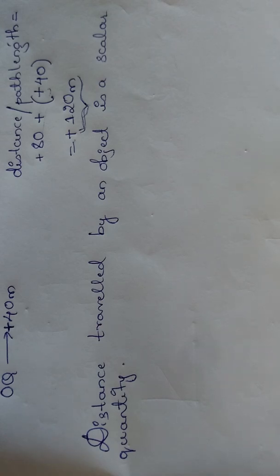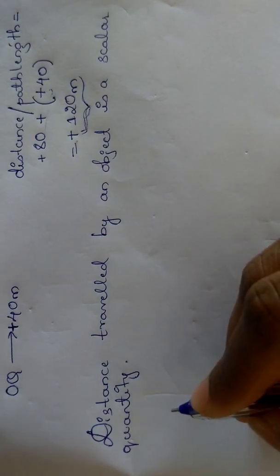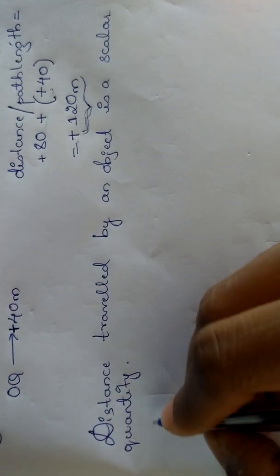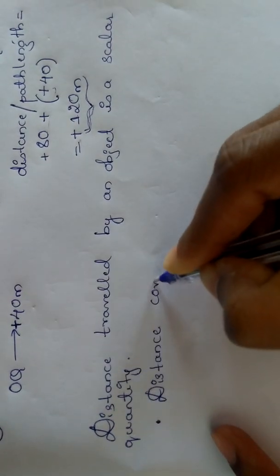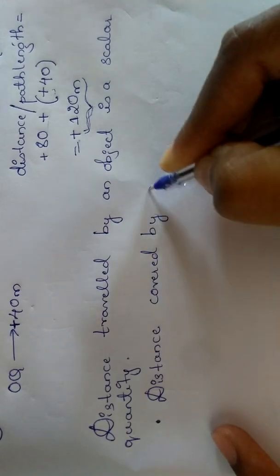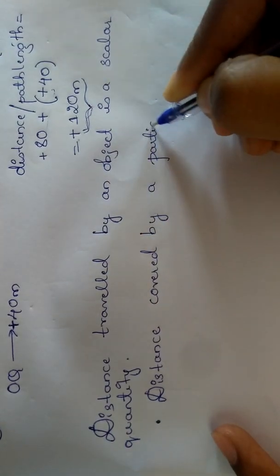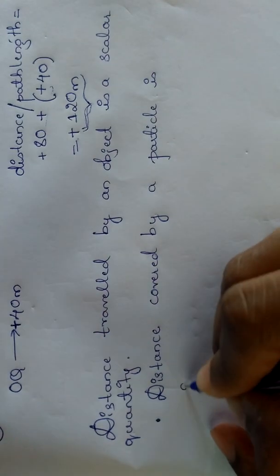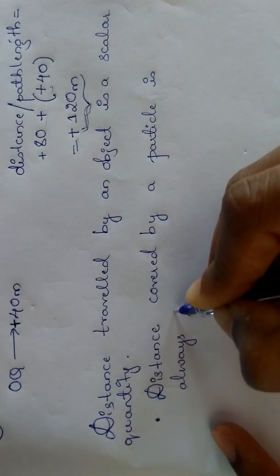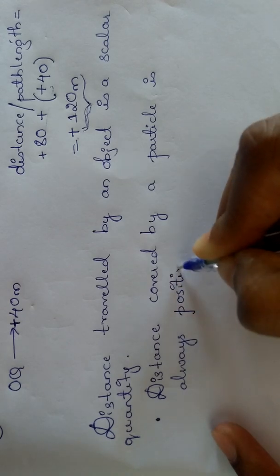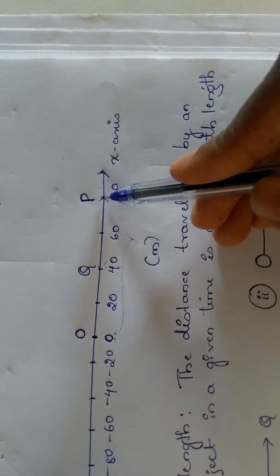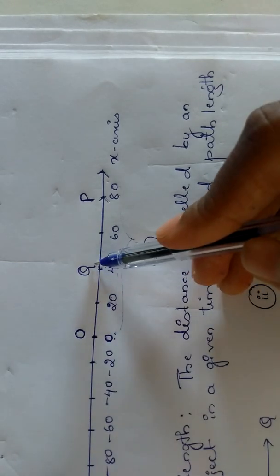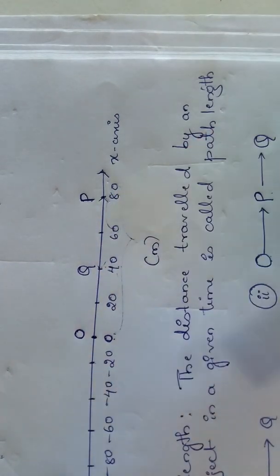So now if this is scalar, then the distance covered by a particle is always positive. You can see from the above example, the body went all the way from O to P, then it came back to Q. But here we considered this distance as a positive distance.